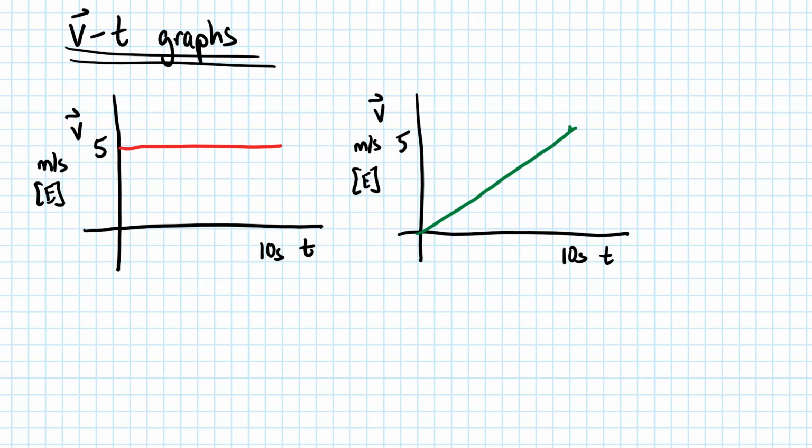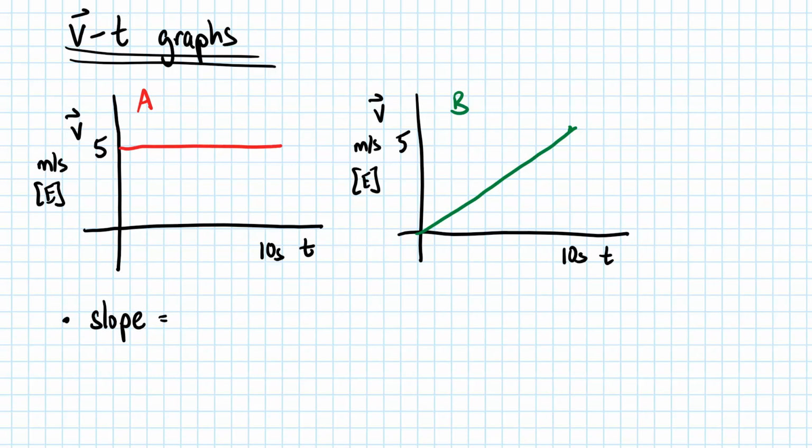Broadly speaking, what's the difference between the two graphs? Let's call this graph A, and the graph on the right, graph B. Graph A shows a horizontal line, graph B shows a sloping line. Well, the slope of a velocity time graph we know is acceleration.